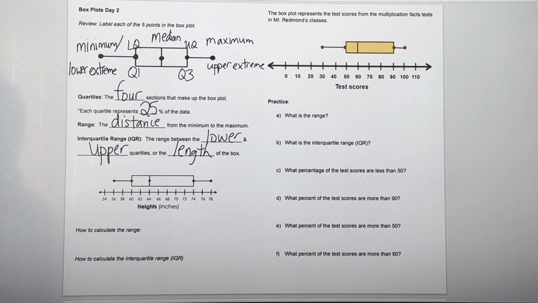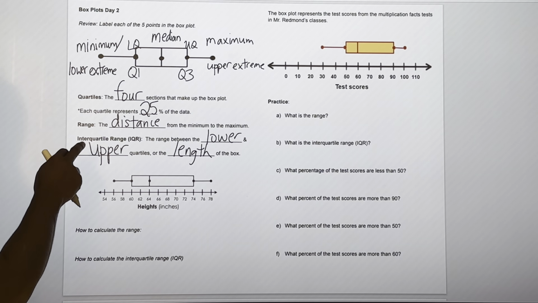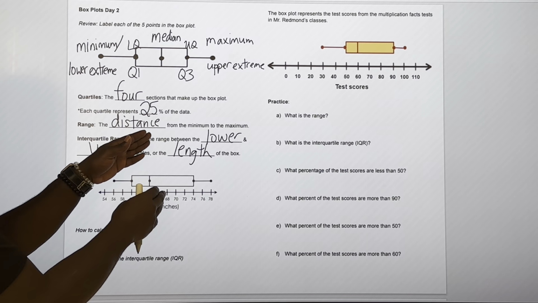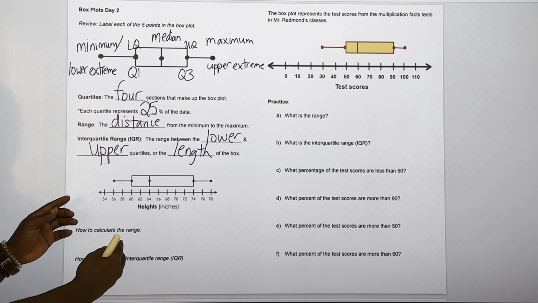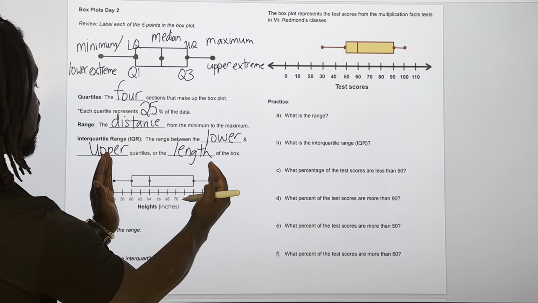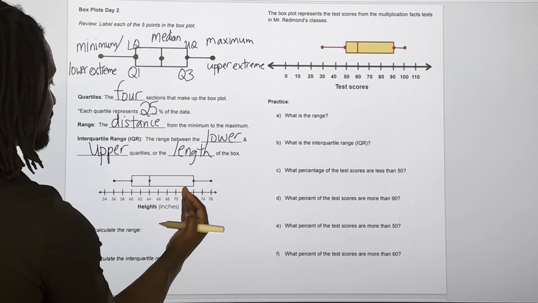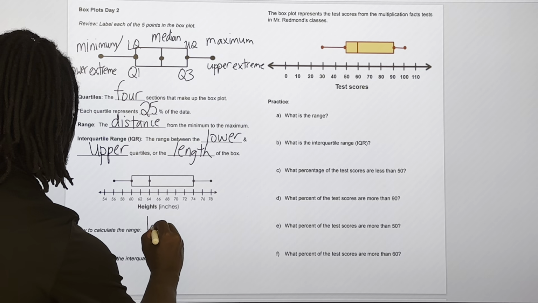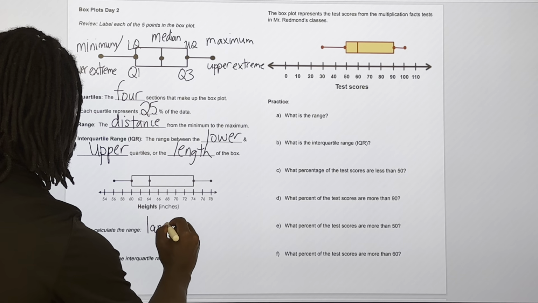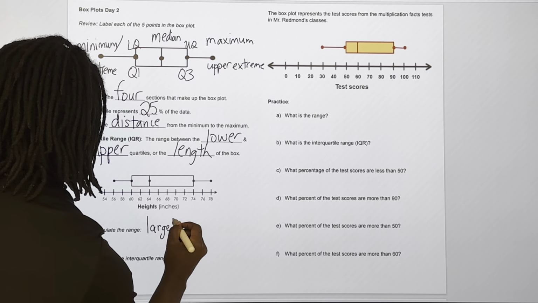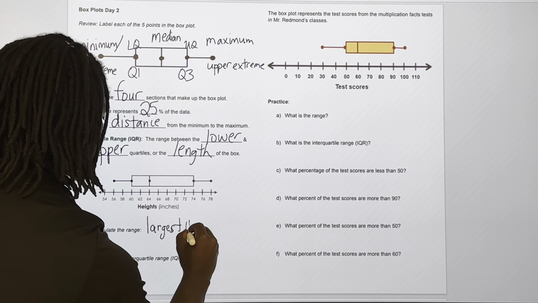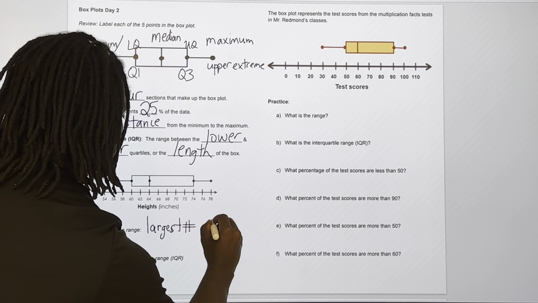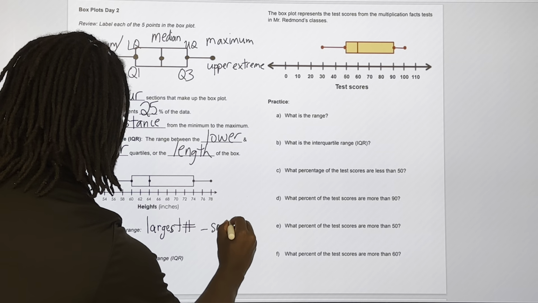So let's look at how to calculate the range. How do we calculate the range? Well, we said the range is the distance from the minimum to the maximum. So I'm looking at how far it is from this minimum to this maximum. To calculate that, I have to take the largest number and subtract the smallest number.